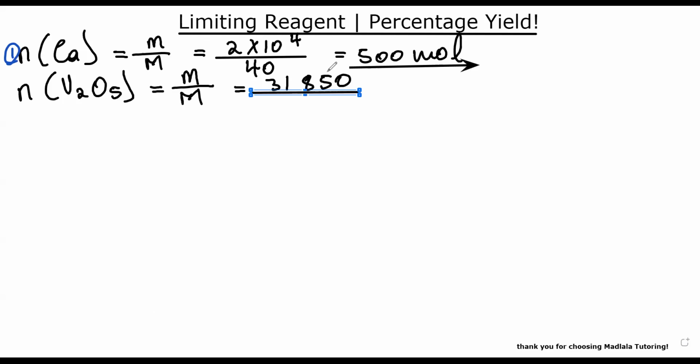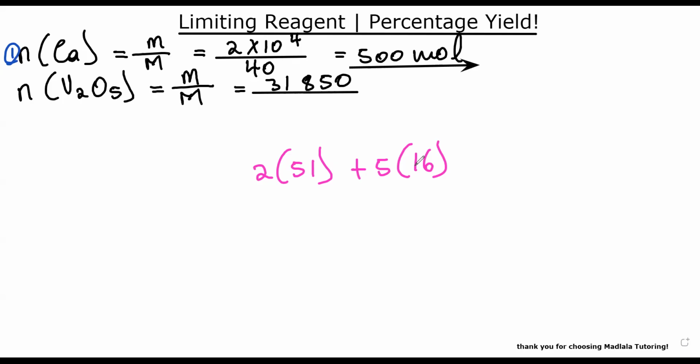Now the question is, how do we find the molar mass of vanadium pentoxide? Well, if you go to your periodic table, you can see that the molar mass of vanadium V with atomic number 23 is just going to be 51. And here you have 5 oxygen atoms.